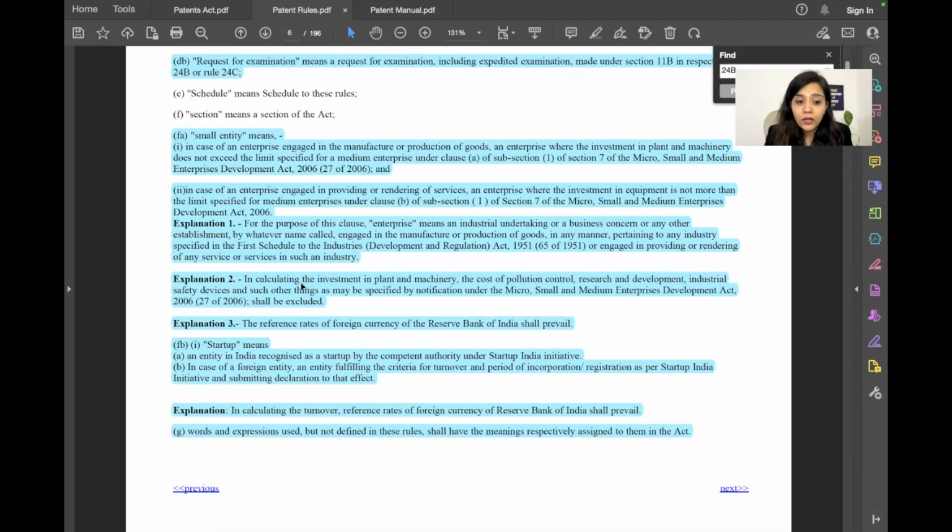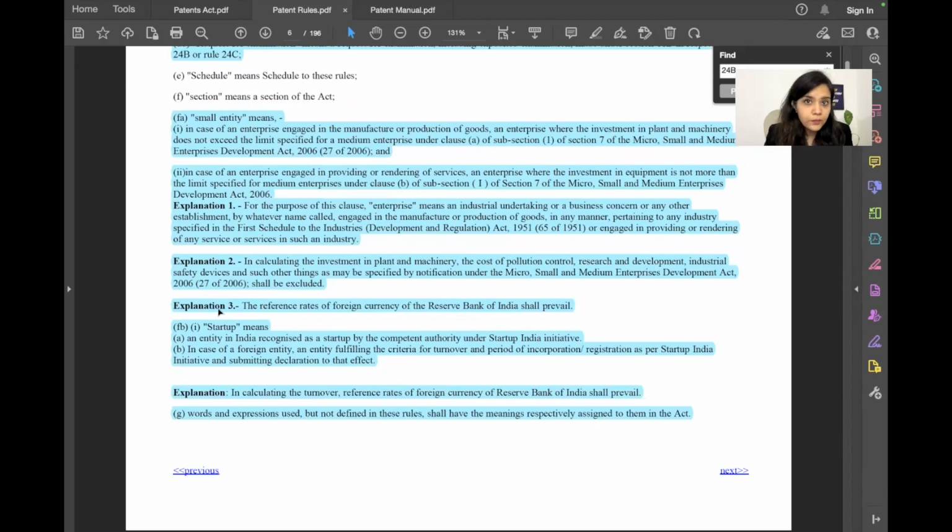Then we have startup. The definition of startup is also important because it has been amended, I think, 2 or 3 times. That's why it is important for the purpose of examination. And recently, there are a lot of notifications which are coming related to Startup India schemes, which is also called SIPP schemes.